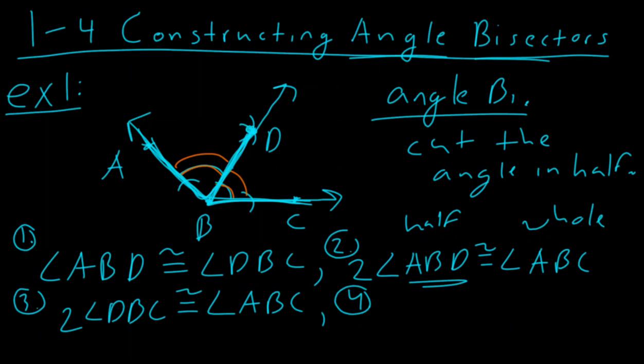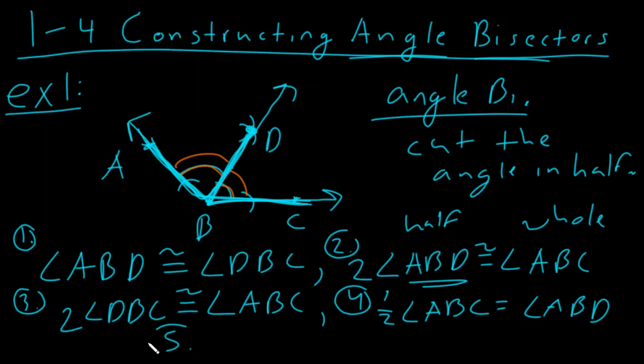We could actually say, hey, angle ABC is equal to angle ABD, but we know that that's not true. Well, what could we do to the whole to make it a half? Oh, you essentially just multiply it by 1/2. 1/2 of the whole, or 1/2 of angle ABC, is equal to angle ABD.